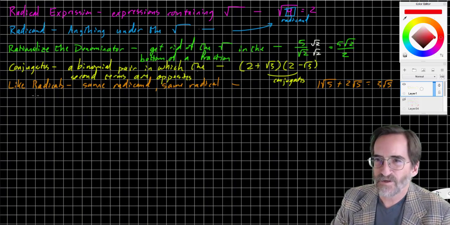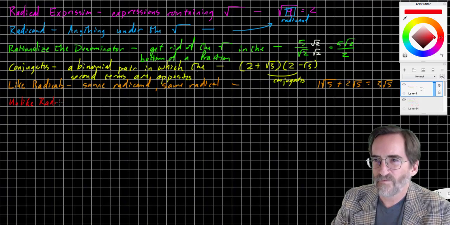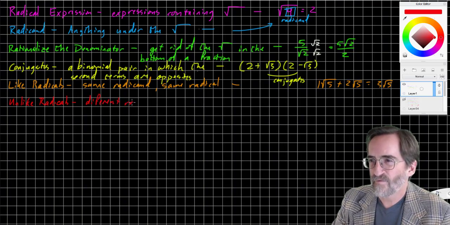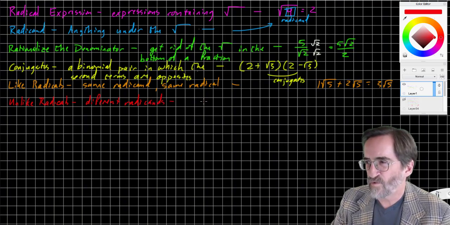Unlike radicals. Different radicand. So 2 square root 6 plus 3 square root 5 cannot be added.